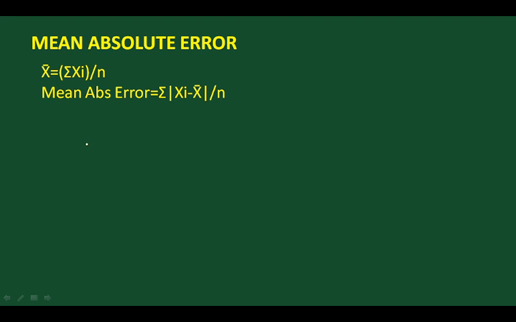Del A mean is the modulus of del A1 plus modulus of del A2 plus up to modulus of del AN, divided by n.